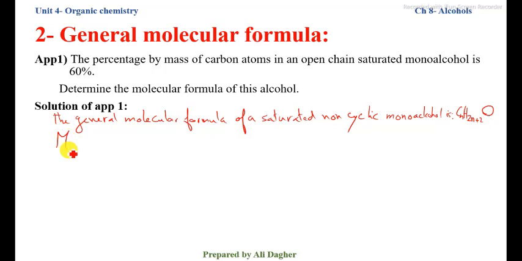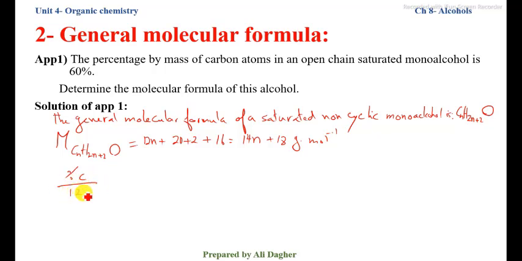We calculate the molar mass of CnH2n+2O in terms of N: carbon 12 times N, 12N, plus hydrogen 2N+2 times 1, plus oxygen 16, equals 12N plus 2N, 14N+18 gram per mole. Now we apply the relation: percent carbon over 12N equals 100 over molar mass.